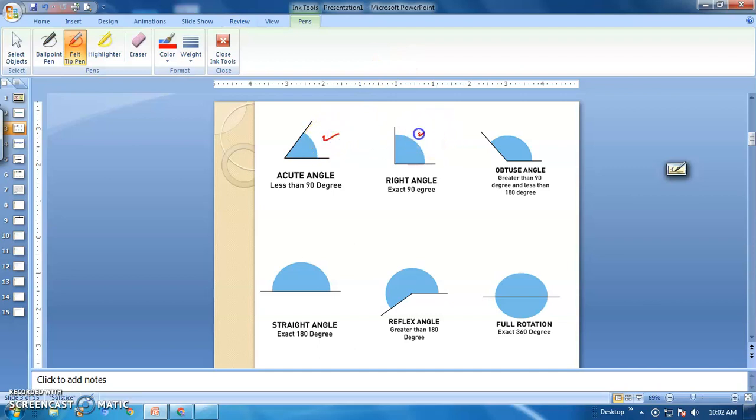Exactly 90 degrees means right angle, and above 90 and less than 180 degrees means obtuse angle. Exactly 180 degrees means straight angle, above 180 degrees means reflex angle, and the full rotation, 360 degrees, is a full rotation angle.